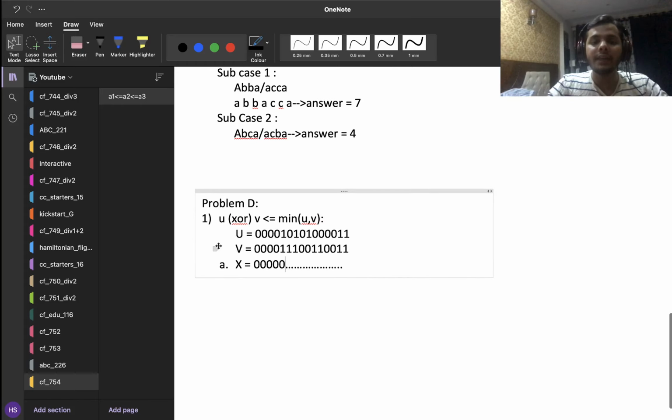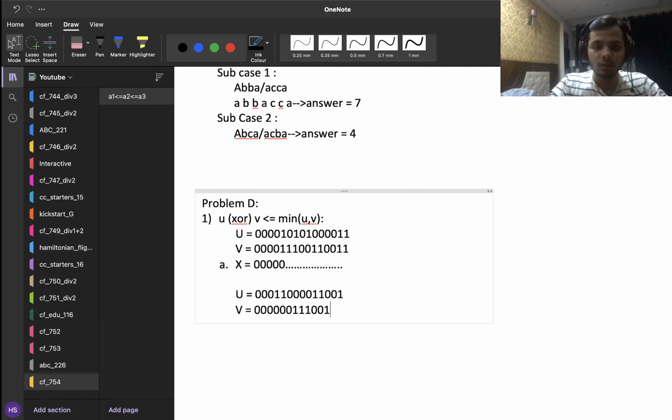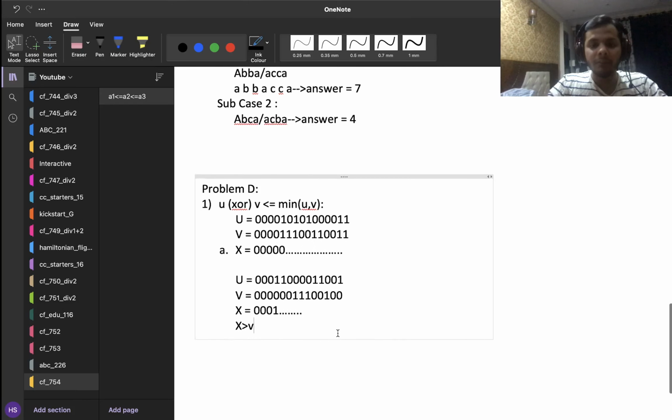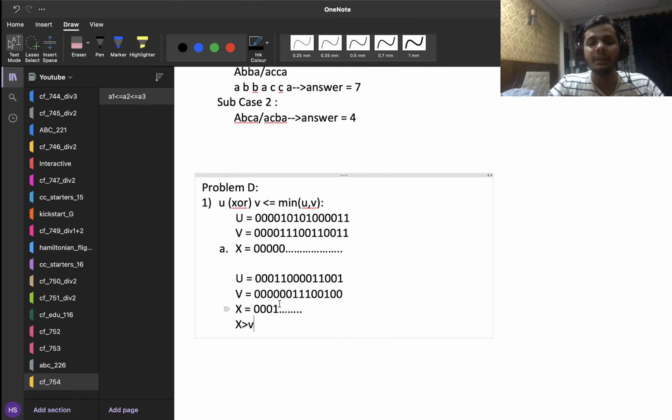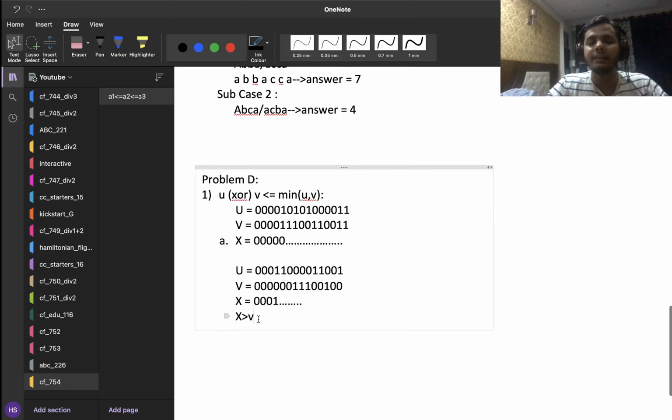But if I had a situation like this, where u is something of this sort and v is something of this sort, then this particular bit in x would be set. So in this situation, x would be greater than v. Why? Because there is a bit to the left of this particular bit in x which is active, which just means that x is greater than v.